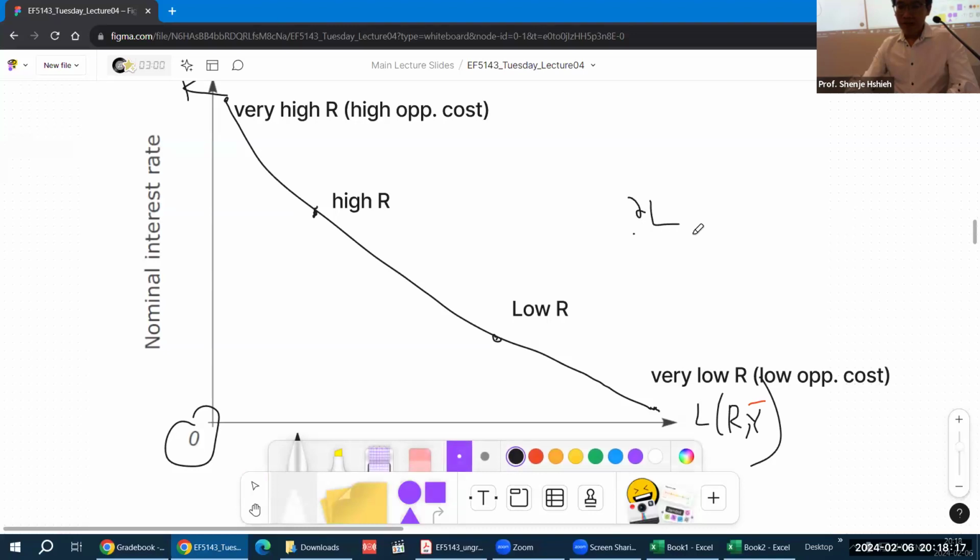And this is just saying it's negative. Okay. So far, very simple.